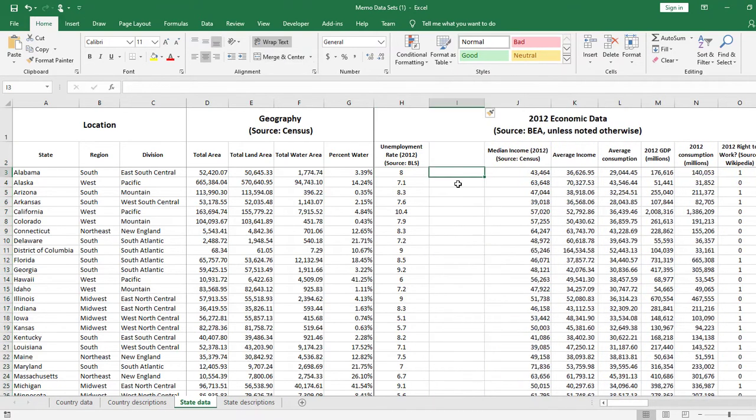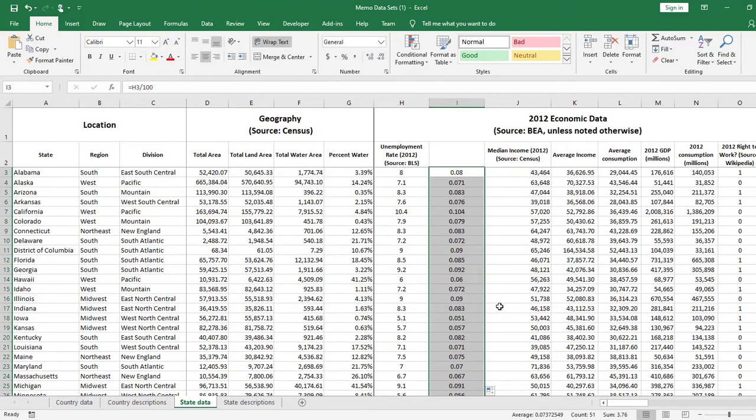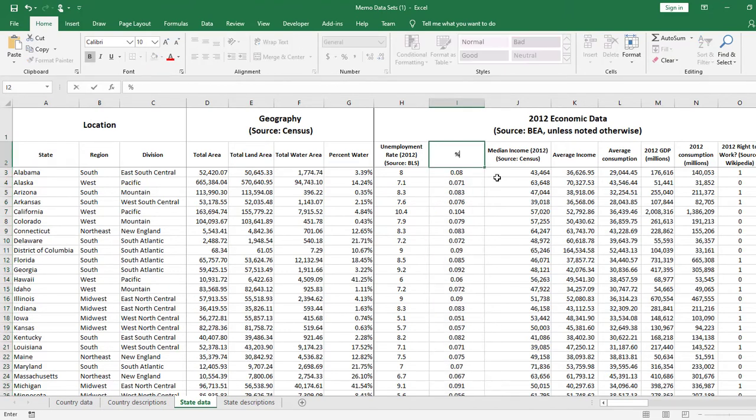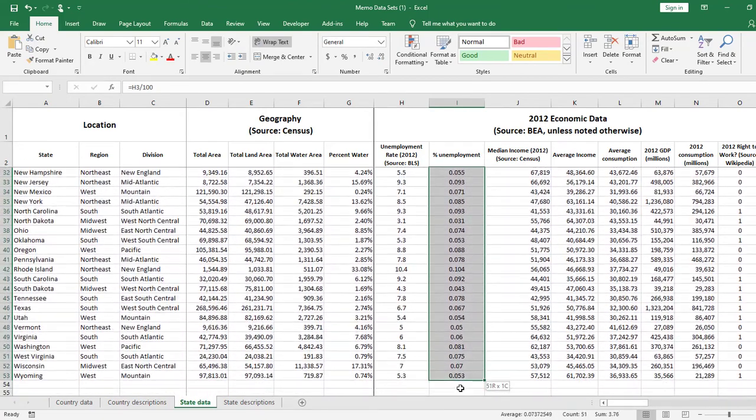This is 2012, after the financial crisis, and we could just harmonize it with what we've been talking about. Now it's percent unemployment, just so we're clear. And if you really wanted to, we can throw in the percent value, and maybe throw in a decimal. There we go.